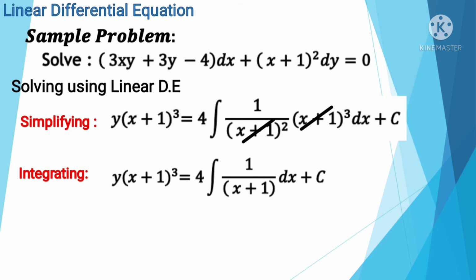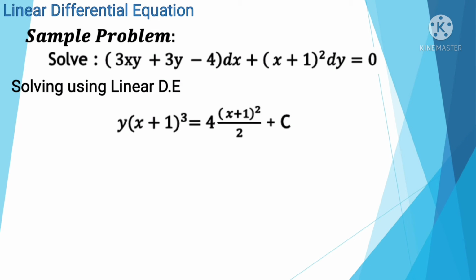The integral of 1 over x plus 1 is equal to 4 times the quantity of x plus 1 cubed over 2 plus c. So we will have an equation of y times the quantity of x plus 1 cubed is equal to 4 times the quantity of x plus 1 squared over 2 plus c.